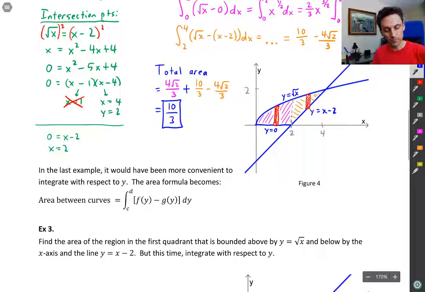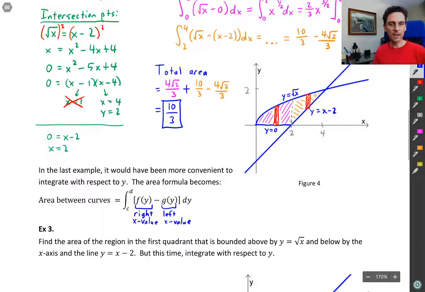So here we'd have to write the curves as functions of y. So write x as a function of y for our curves. And we're going to take the right curve to make sure that everything's positive. We'll take the right curve, or the right x value, and then minus the left x value.